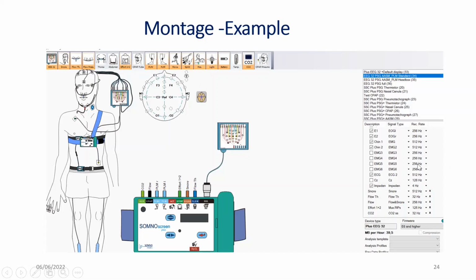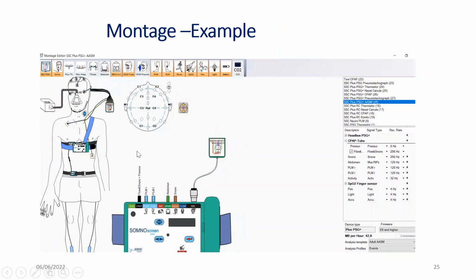And you can see the different sampling rates shown here. And obviously there will be filters also, which are already there. So you pre-select these filter settings, you pre-select the sampling rate, and then this is a clear case of a montage, which also has CO2. But if you see the next montage, it doesn't have CO2.